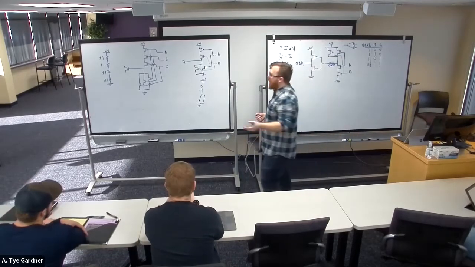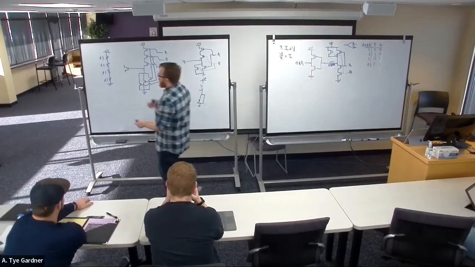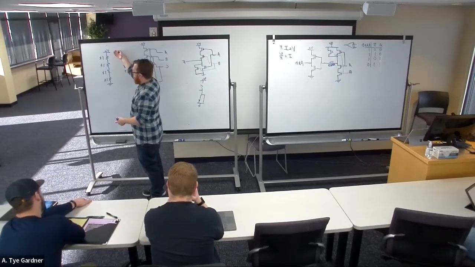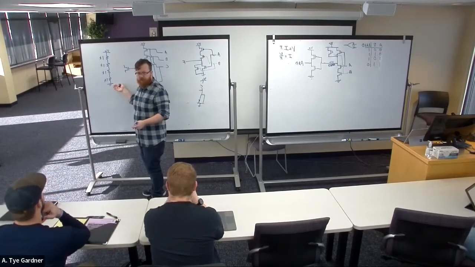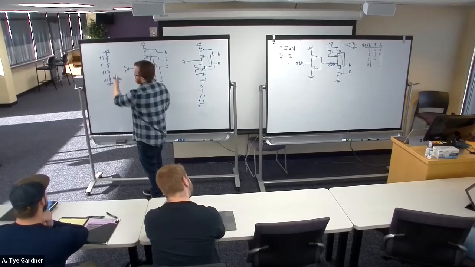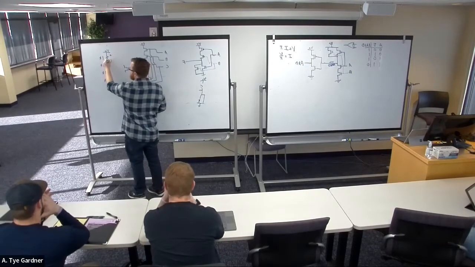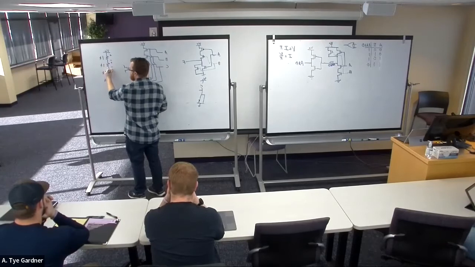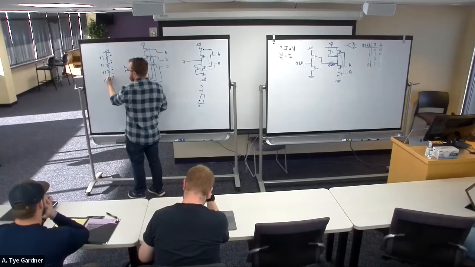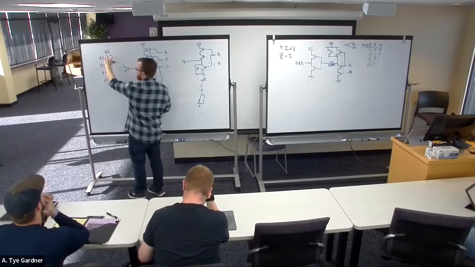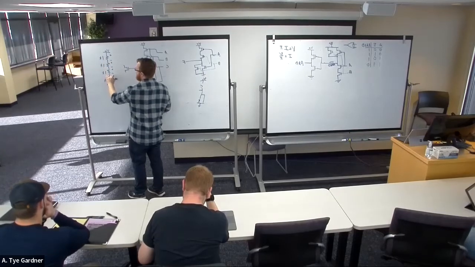And so what happens is that if this is 5 volts and this is 0 volts and these are 1K, then each one of these resistors, the voltage drop over them. So we're just doing plus to minus, right? Plus to minus, plus to minus, plus to minus, plus to minus.